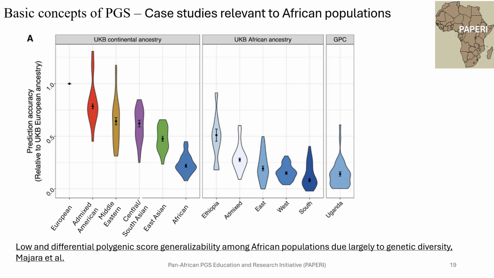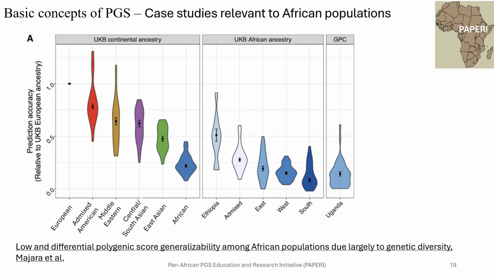For admixed American, we get a slight drop, and this continues across the other populations as the genetic structure gets more and more different from the population the polygenic risk score was developed on.